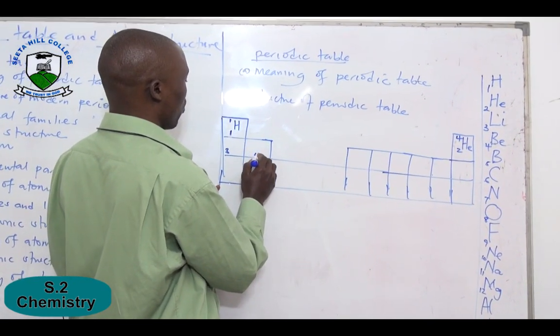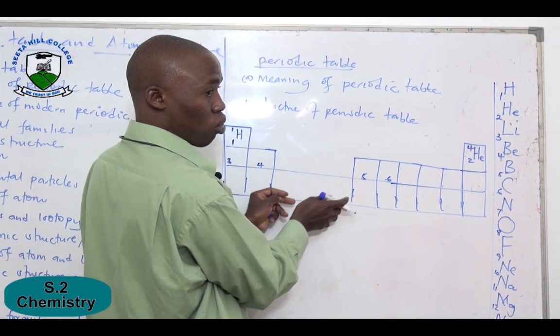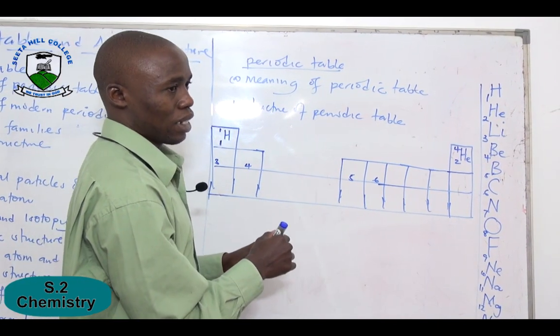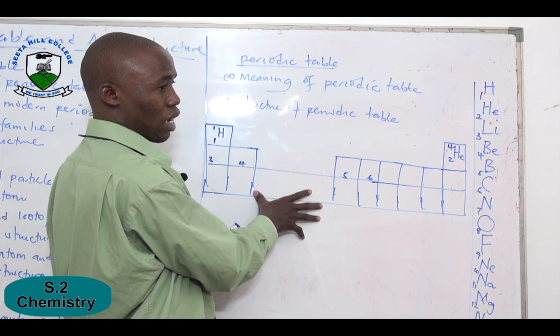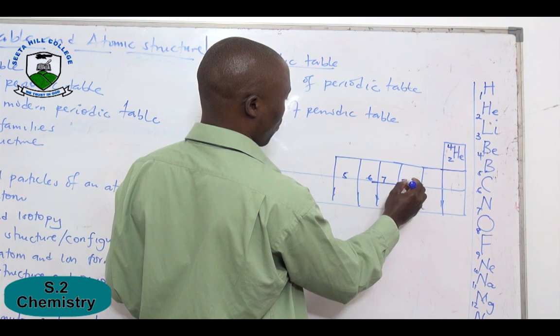3, 4, 5, 6. It skips, there is this group of elements that behave totally different from others. That's why it's isolated. It can't be numbered among the first 20 because it's very, very different.